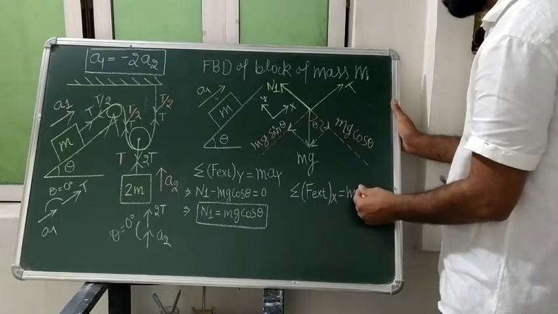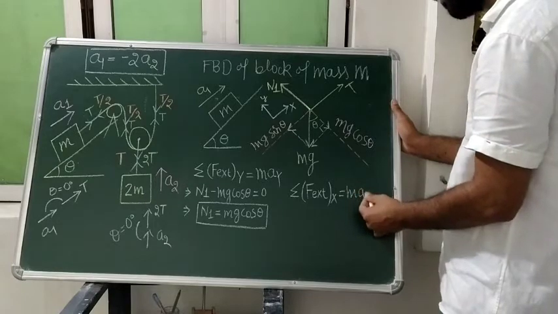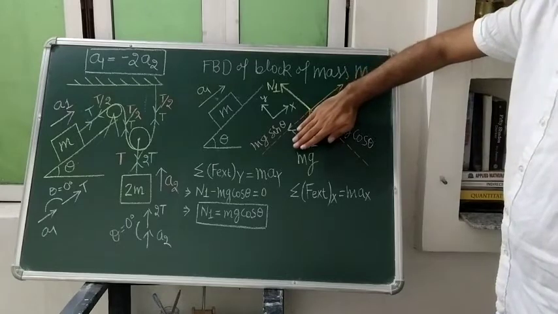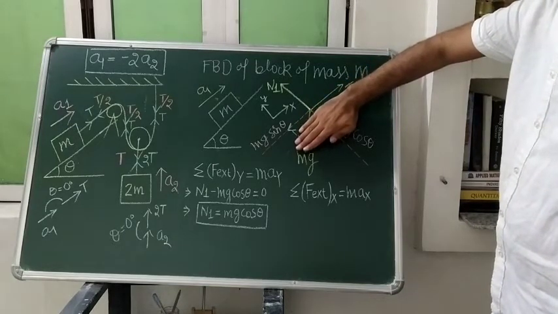M times acceleration in x direction. And what are the forces acting in this x direction?